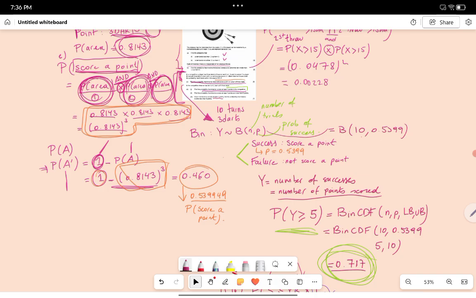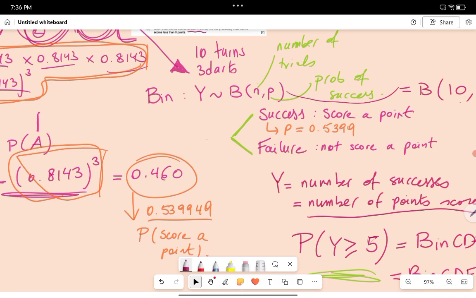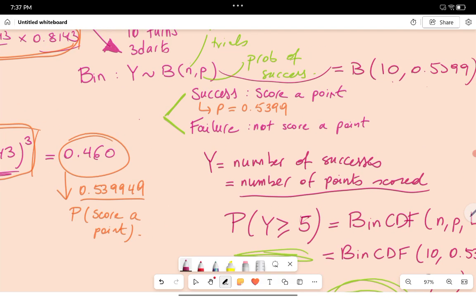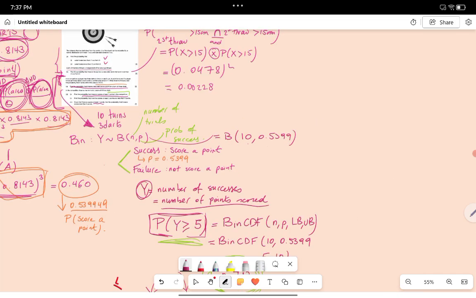And so we denote the success as scoring a point, and then we denote Y, which is the number of successes. That's always the number of successes. So that's the number of points. And then we are interested in the probability that Y is bigger or equal to 5. That's what we did.